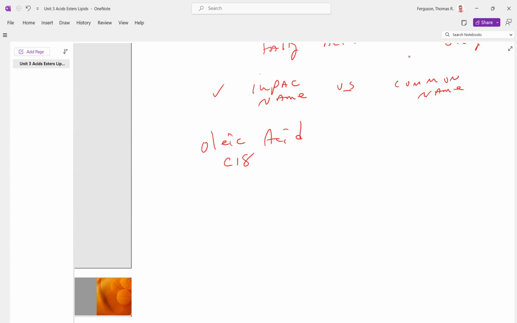Okay, so oleic acid is 18 carbons long. And the double bond is on carbon number 9.